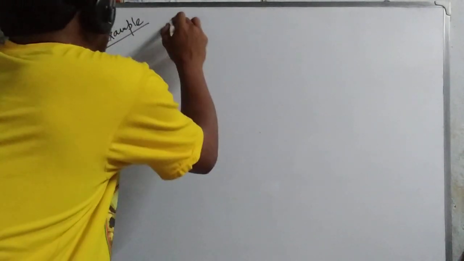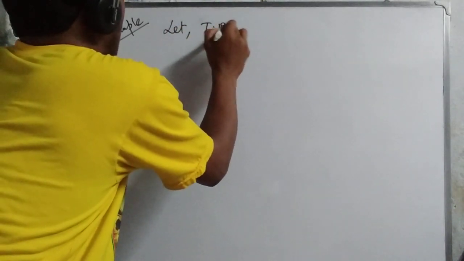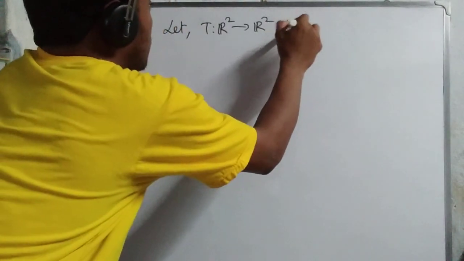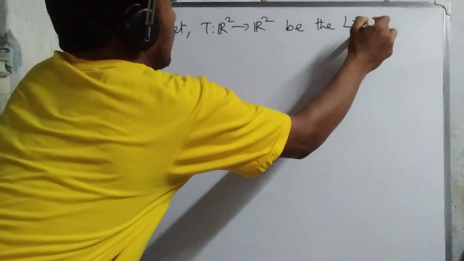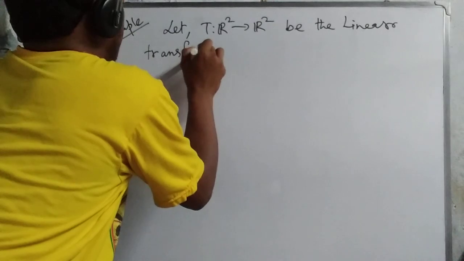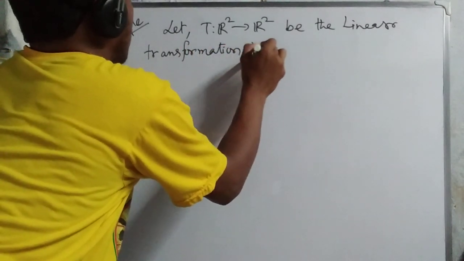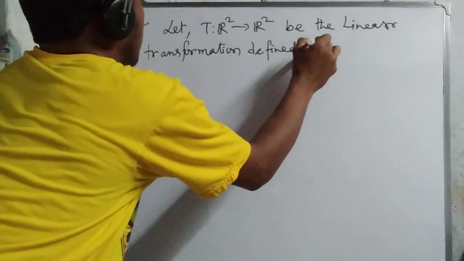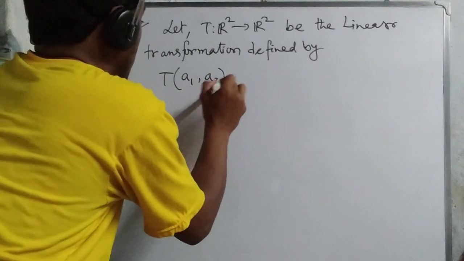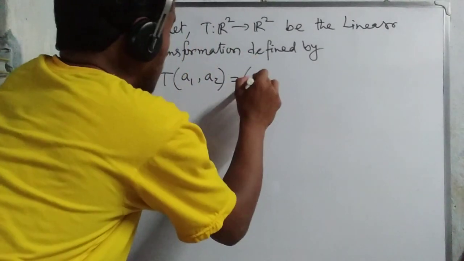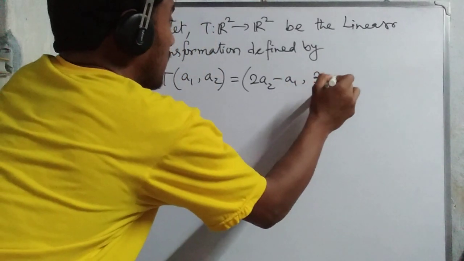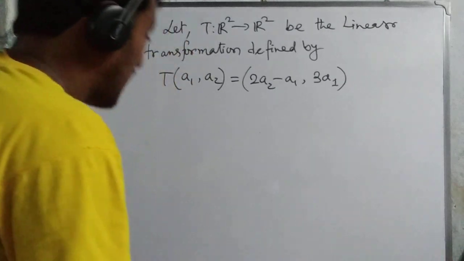Let T: R² to R² be the linear transformation defined by T(a1, a2) equal to (2a2 − a1, 3a1).